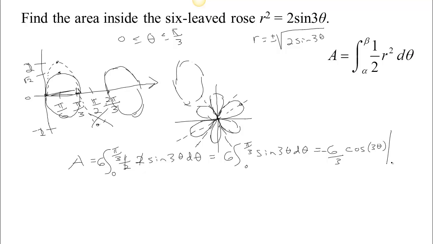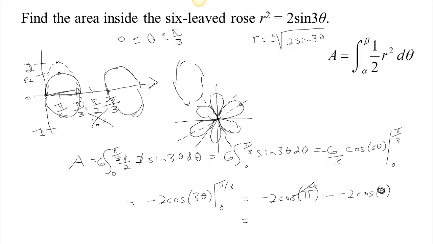So we need to take that antiderivative and evaluate it between 0 and pi thirds. So we have negative 2 times the cosine of 3 theta between 0 and pi thirds. So we have negative 2 times the cosine of 3 times pi thirds, which would be pi, minus negative 2 times the cosine of 0. So I wrote theta there.